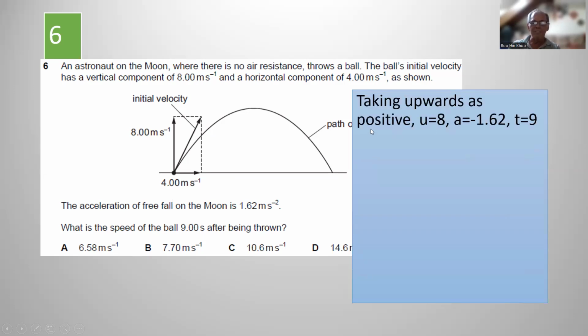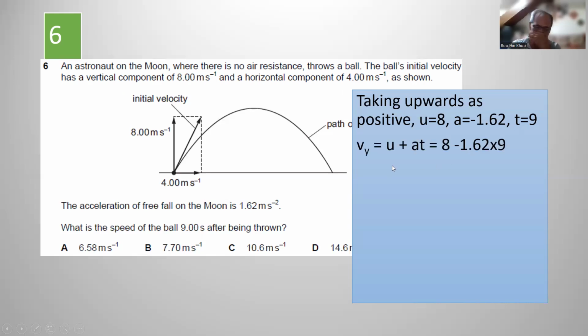Taking upwards as positive, that's the initial speed, u, and then acceleration is downwards. Right? We take upwards as positive, so it's negative 1.62, and we are required the speed at 9 seconds. So 9 seconds, and choose a formula.